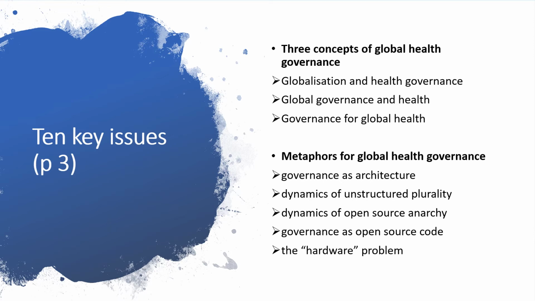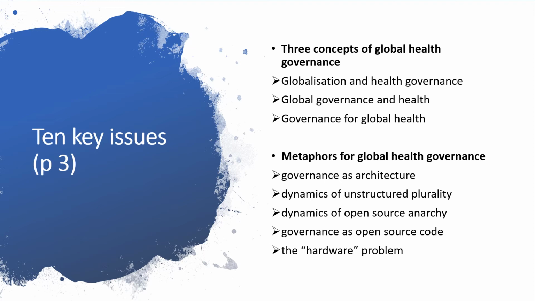This he talks about as being difficult enough when we were talking about just states, and he talks about unstructured plurality, which is that you have many different actors affecting a problem, which makes having a central point of architecture quite difficult. Then he gets into the dynamics of anarchy.